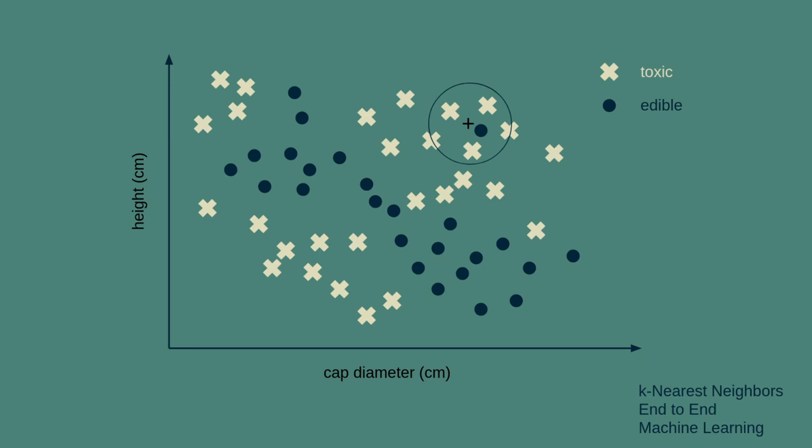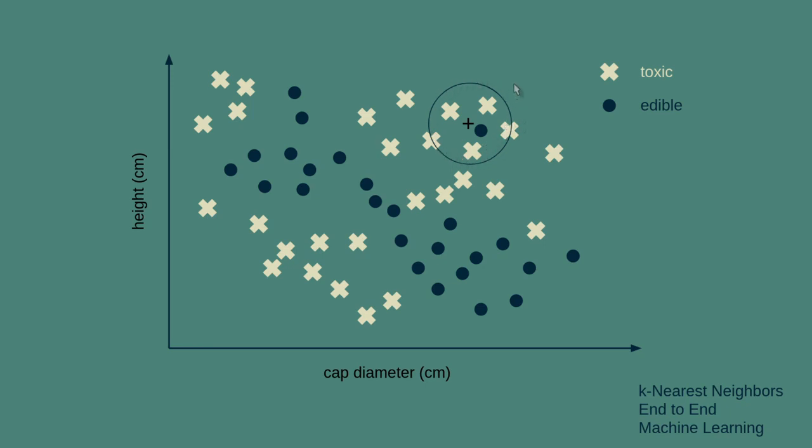Now, if we have 100% confidence in our prior data and our labeling of that data, this is not a bad way to go. But if we have some noise in our data set and we think maybe some of our points are mislabeled, then this is not a good way to go because any mistake gets propagated. A way to protect against this is to have a larger k.